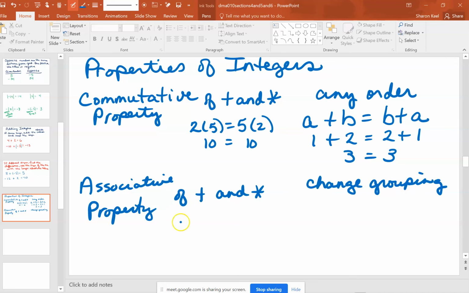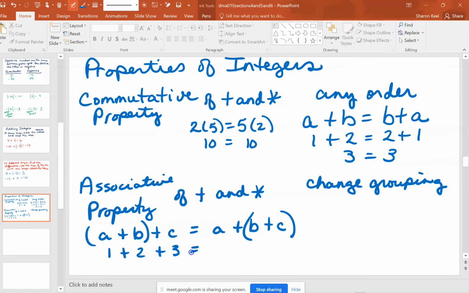So in other words, if I had A plus B plus C, if I were to group the first two, I'm going to get the same answer as if I group the second two. So for example, if I group 1 and 2, and here I group 2 and 3, 1 and 2 is going to give me 3. 3 plus 3 is 6. Here, 2 plus 3 is 5. 5 plus 1 still gives me 6.